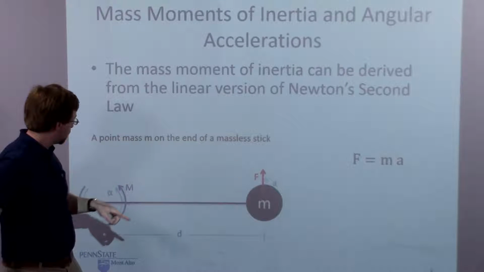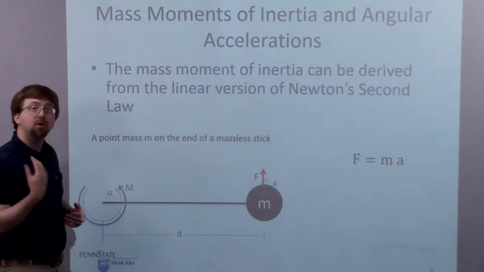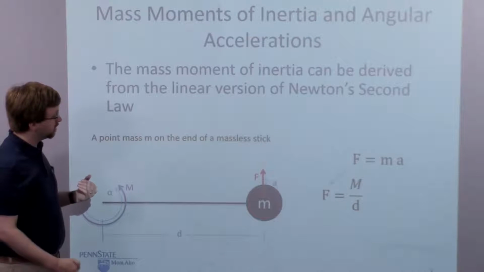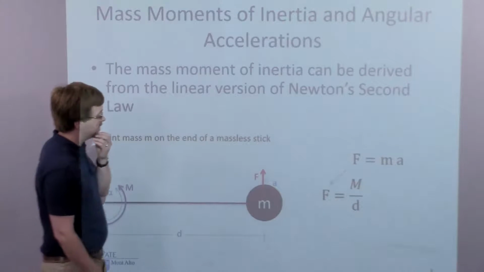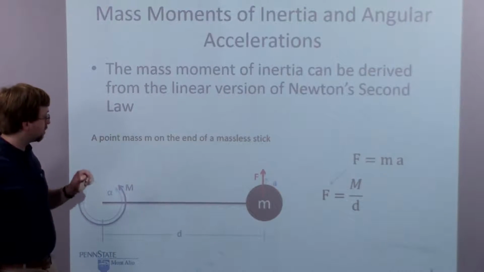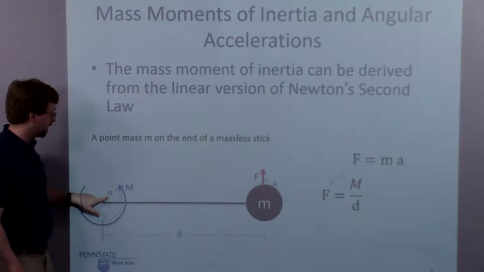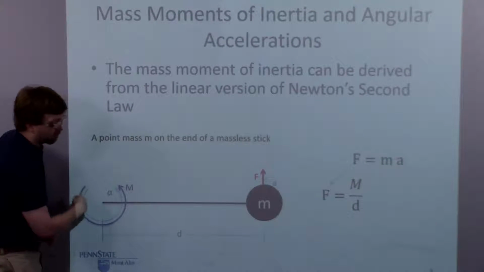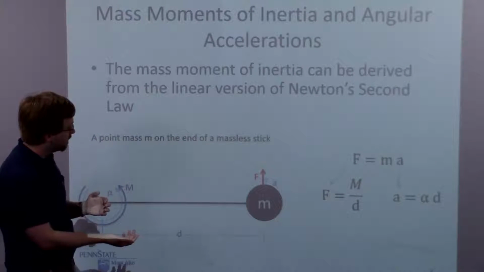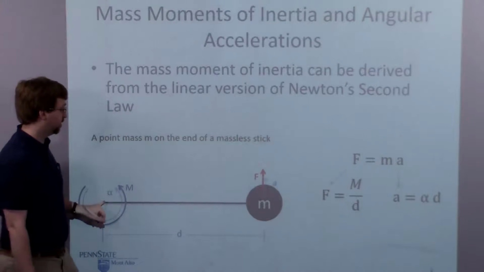If I want to relate the force I see out here to the moment, well, a moment is a force times a distance, and so a moment over a distance is going to be equal to the force, and so I can substitute M over d in for my force. If I want to relate that linear acceleration I observe out here to the angular acceleration of my piece as it moves around, I can use the following relationship: the linear acceleration is equal to the angular acceleration times this distance.